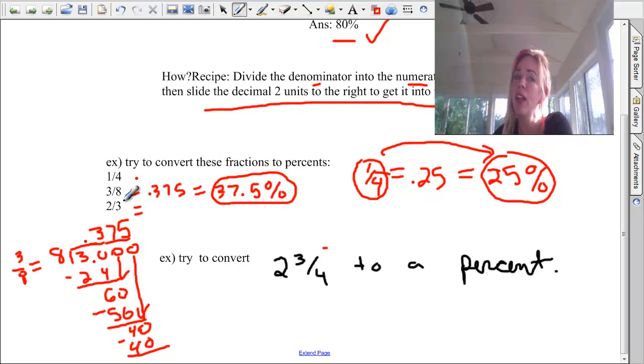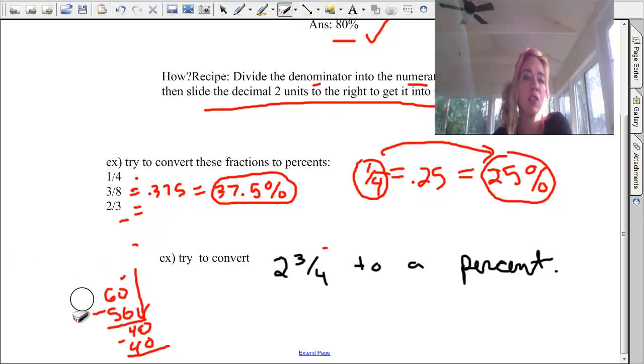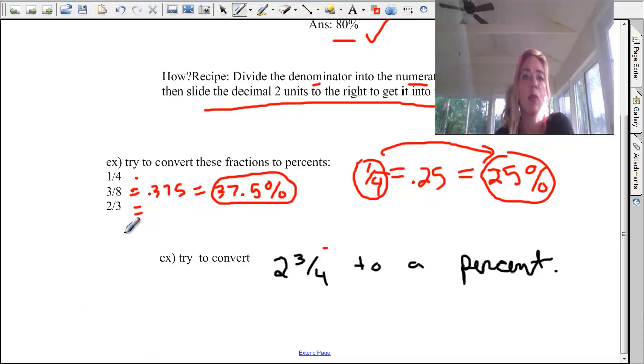2 out of 3, I always think, that's a majority. So it should work when we try the division. Now that we did that division, you can hit pause and see if you can beat me to the punch. But I can tell you that when you perform that division, you're going to arrive at 2 out of 3 is 0.6 repeating.